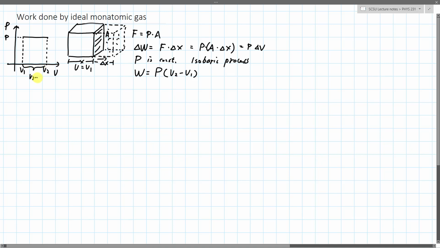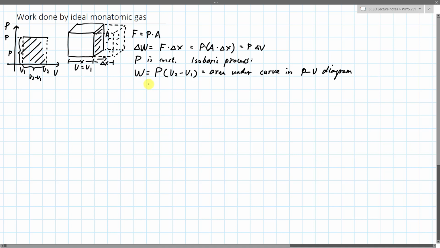That's the base, to this height, which is P. So P is the height, and V2 minus V1 is the base. So we're effectively calculating the area underneath this flat line here. So it's the area under the diagram. So that's for the isobaric process.